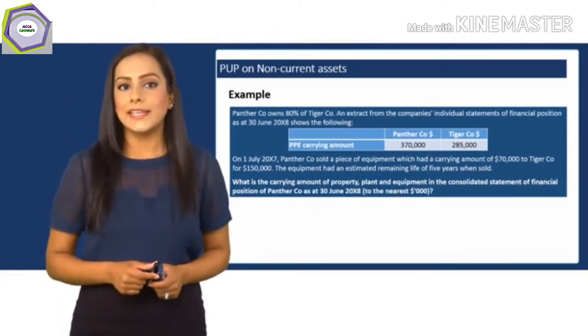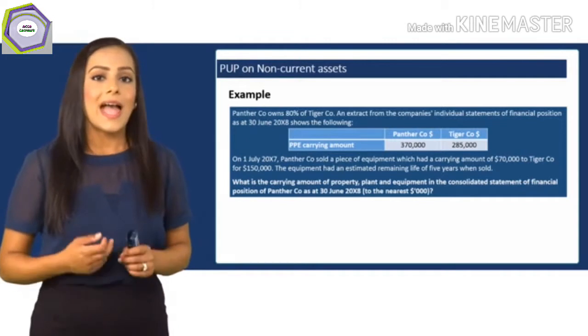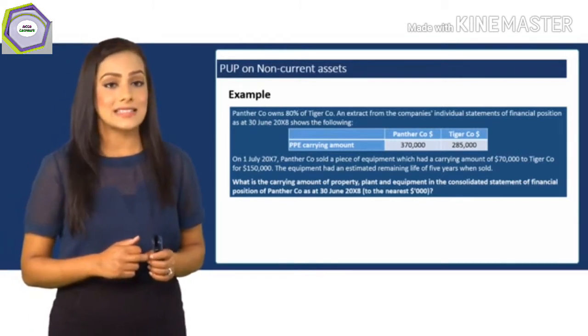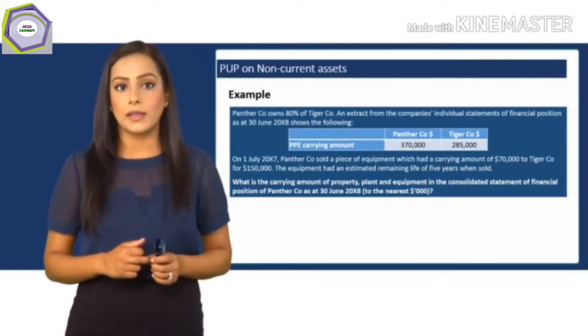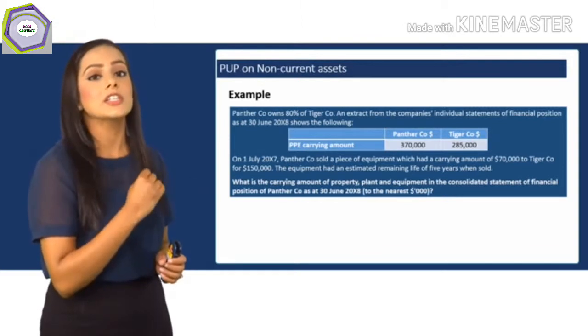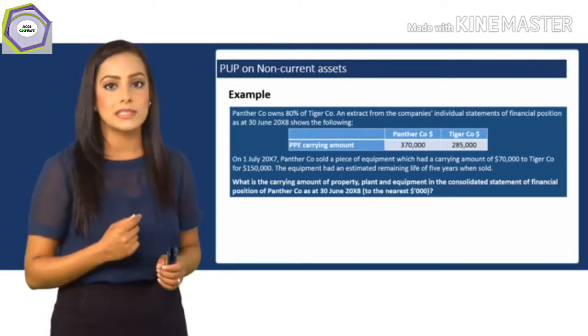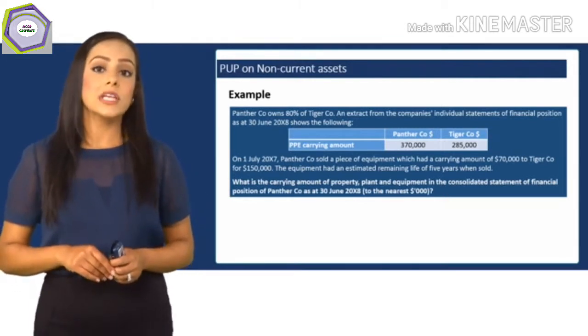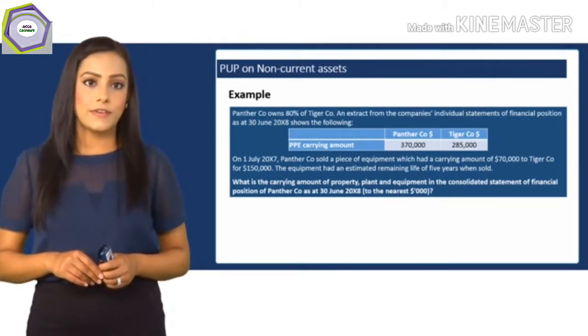Panther owns 80% of Tiger. An extract from the companies' individual financial statements as at June 18 shows the following. PPE carrying amount on the individual balance sheet for the parent is 370, and on the individual balance sheet for Tiger, the sub, is 285.